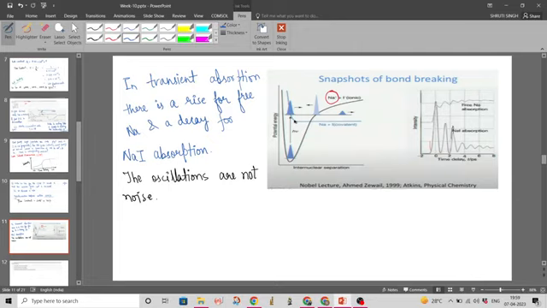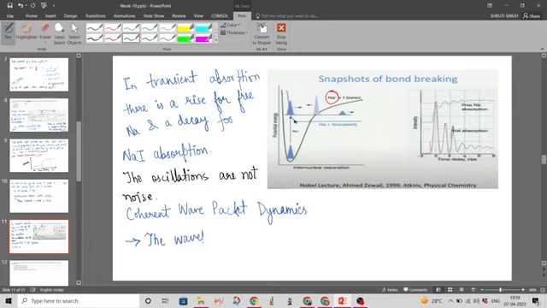It will form a wave packet. So all those vibrational levels will form a packet, and these oscillations have been explained by the wave packet dynamics. Coherent wave packet dynamics.